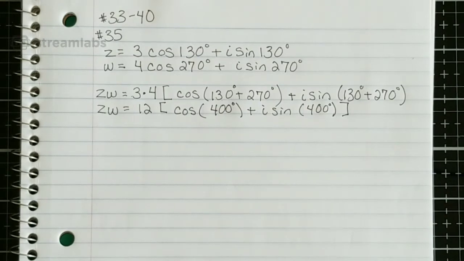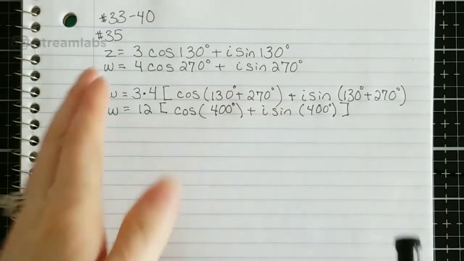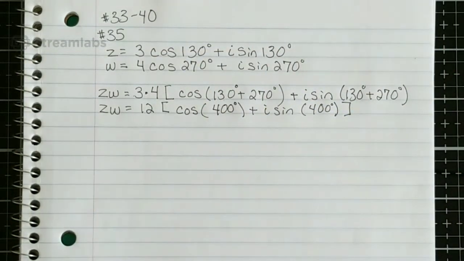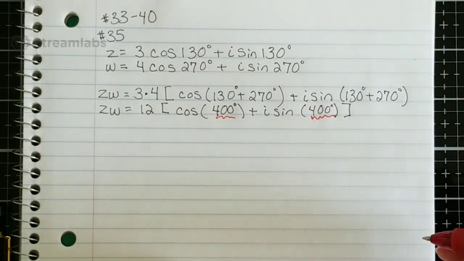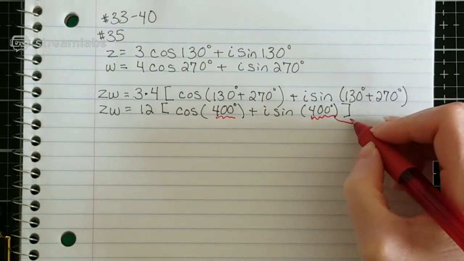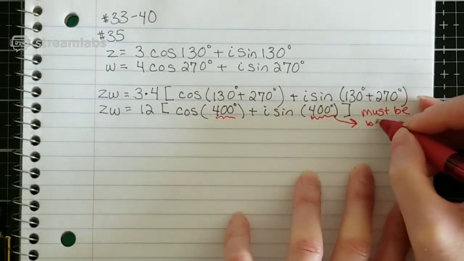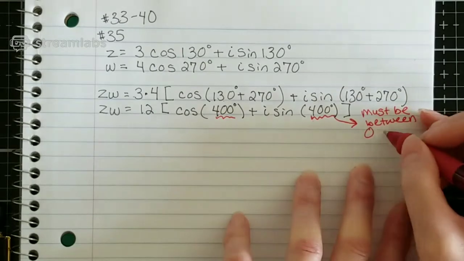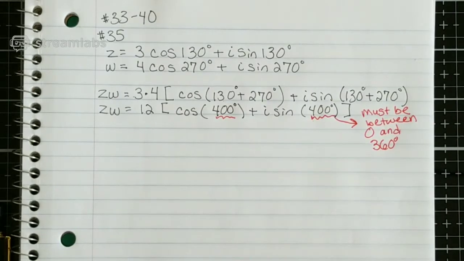Now the only problem with this is the 400 degrees. It's too far around the circle. Those two numbers must be between 0 and 360 degrees, so that's too high. Basically we're 1 revolution too far over on the circle.